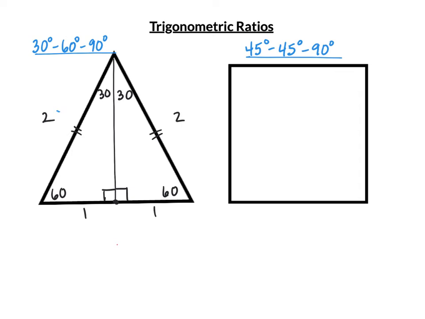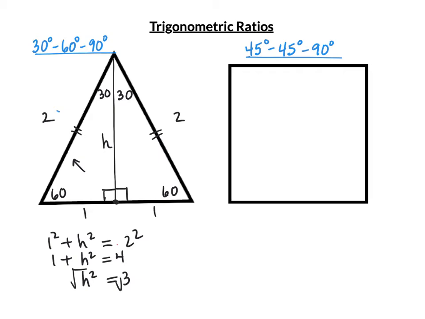And then we used the Pythagorean theorem to find the height. A squared plus b squared is c squared, where c is the hypotenuse. 1 squared plus h squared equals 2 squared. That's 1 plus h squared equals 4. H squared then equals, subtract 1 from each side, 3.